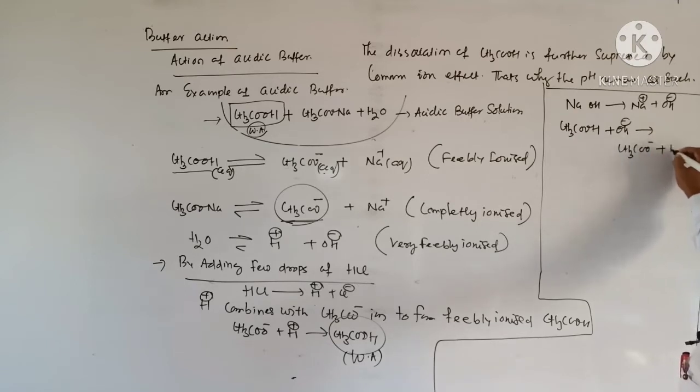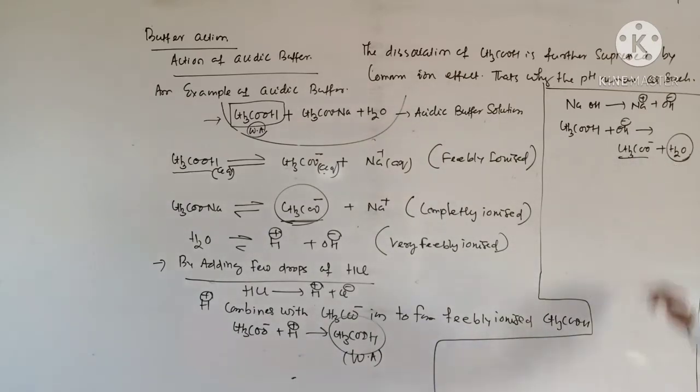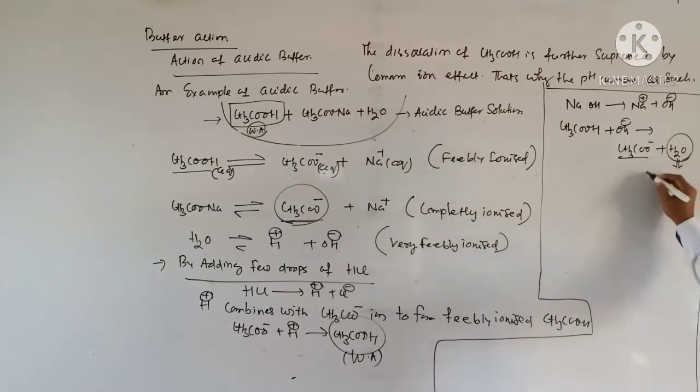CH3COO minus plus H2O, because the presence of acetate ion does not matter. And this water is the weakest electrolyte.